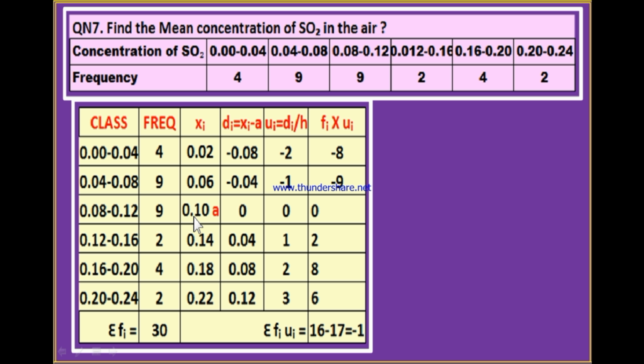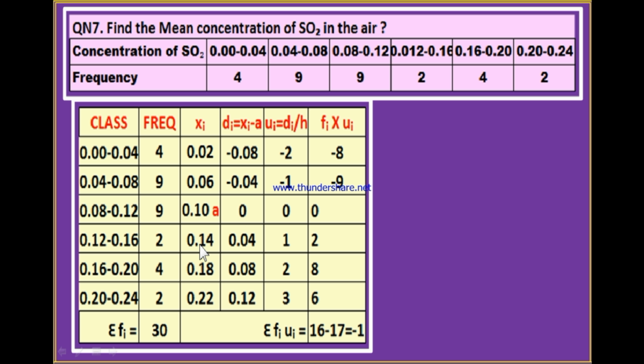I took 0.10 as A. The next column is for deviation, di equals xi minus A. For this class, xi is 0.10 and A is also 0.10, so 0.10 minus 0.10 gives deviation 0.